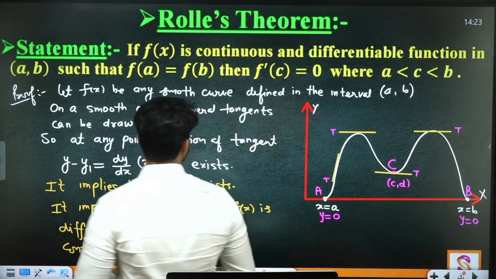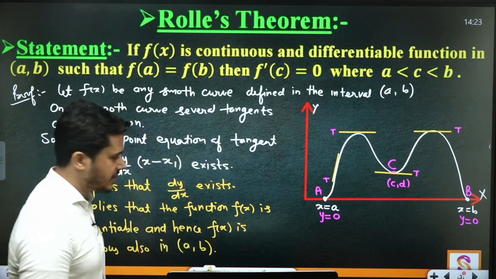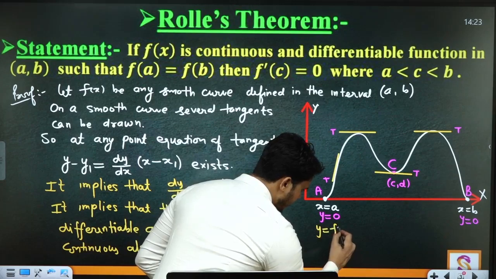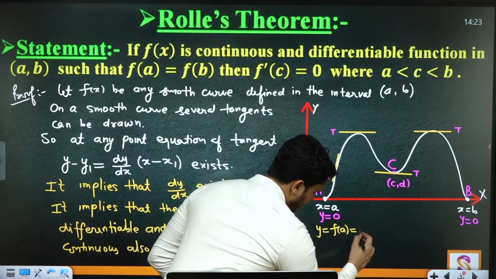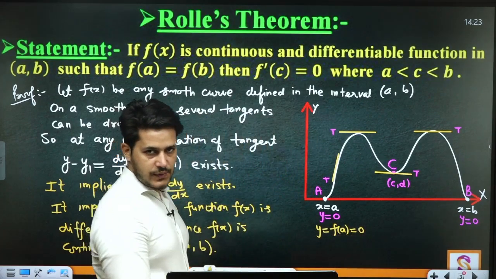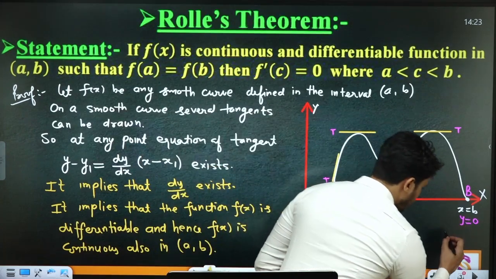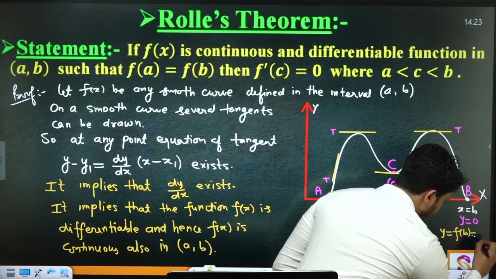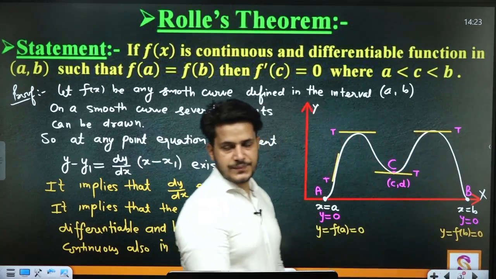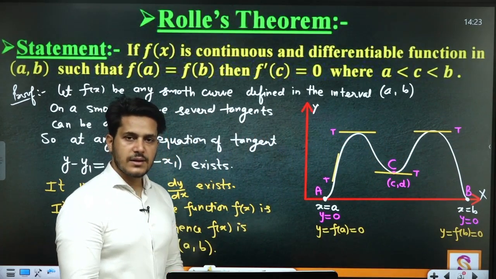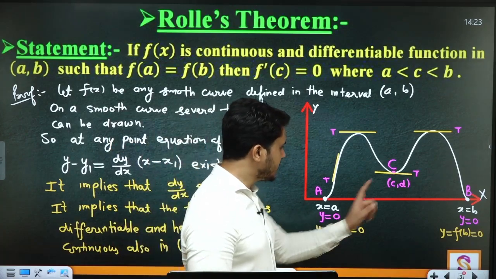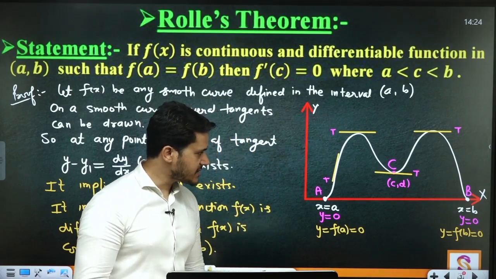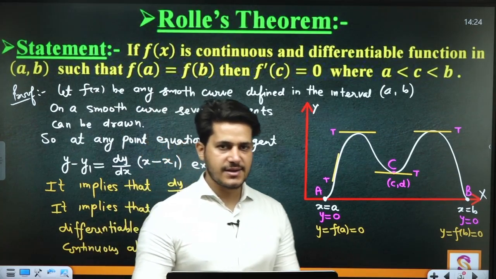f(a) equal to f(b). Look, this y is the functional value at a, which is coming to be 0. And secondly, here also y equal to the function value at b, which is also equal to 0, right? The reason being that both these points a and b are on the x-axis, and on the x-axis the value of y is equal to 0.